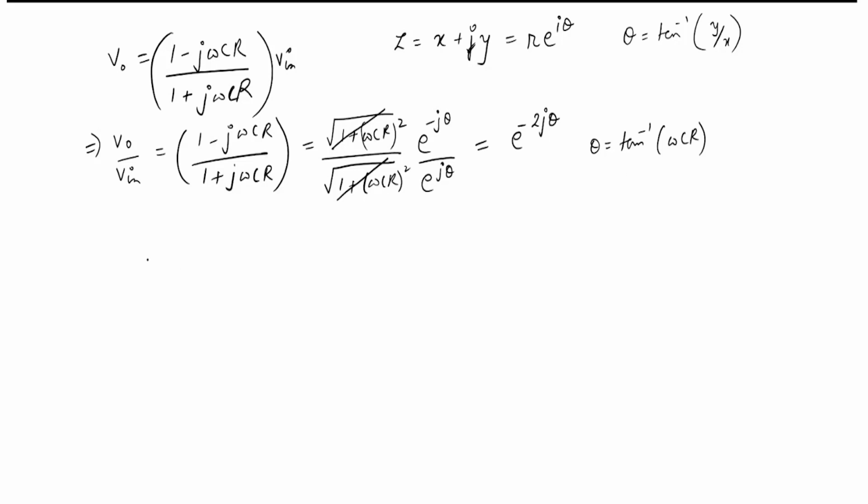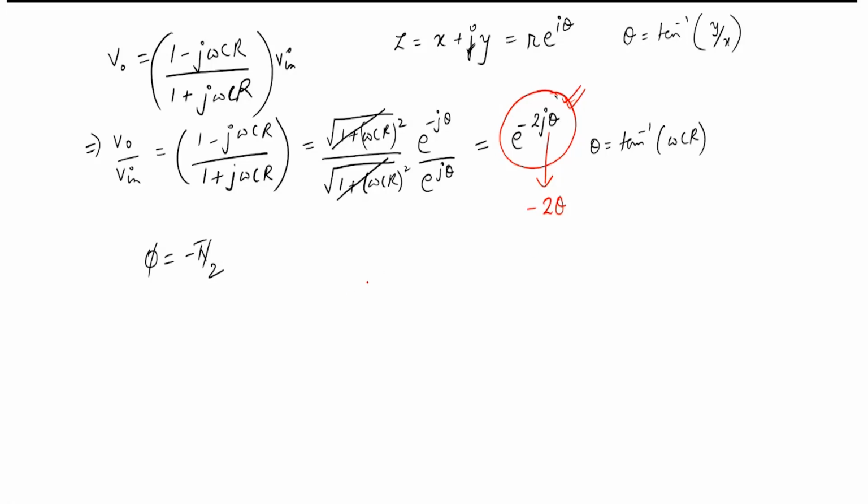Now, what was the phase difference given in the question? Minus pi by 2. And this is where the phase information is hidden. And here we can see that the phase difference is minus 2 theta. Yes or no?